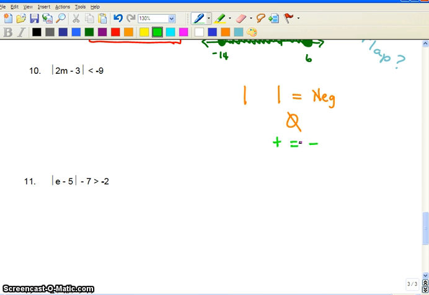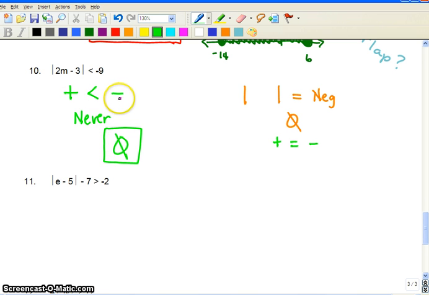That makes sense. But this doesn't say equals, this says less than, so you need to think it through. All of these coming out of here are positive. Are they ever going to be less than negatives? Are positive numbers less than negative numbers? Never. So what would your solution be? None.